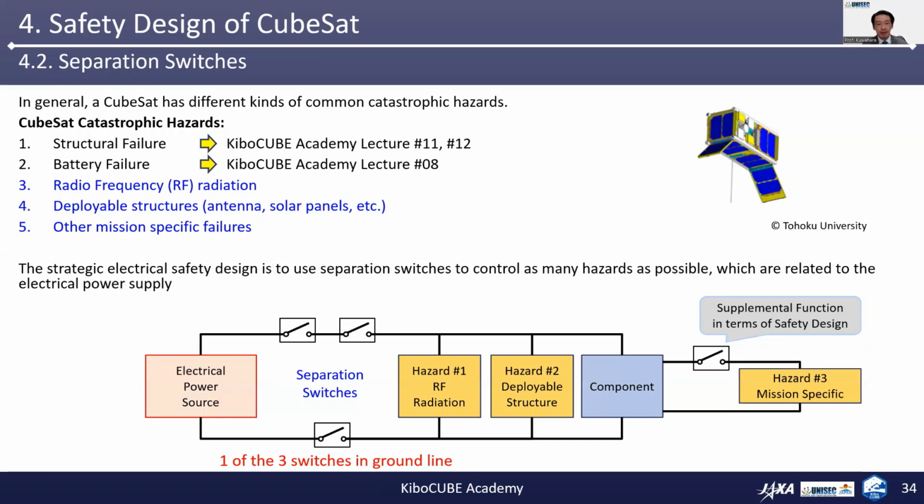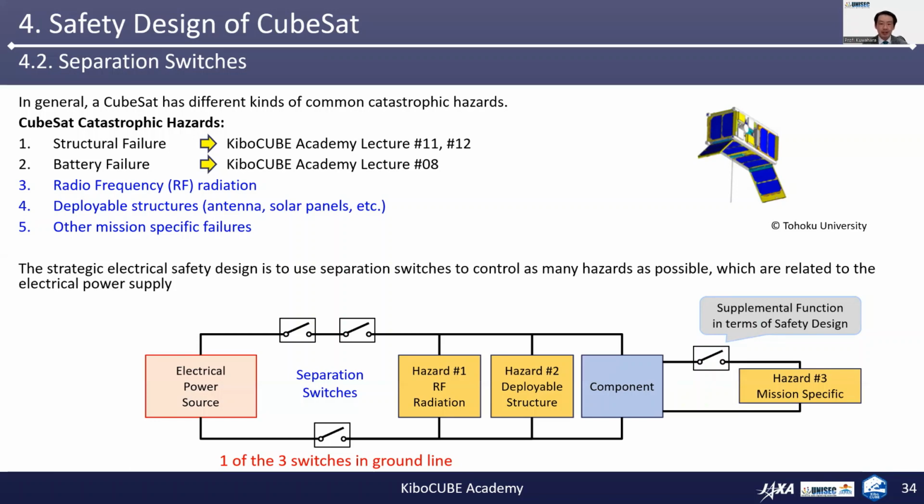Then let's think about the safety design criteria for hazard 3, which is related to mission-specific functions. So in this example, there is an additional switch between the component and hazard 3. This could, however, be regarded as a supplemental function in terms of the explanation of safety design with respect to the safety requirements described in previous slides.